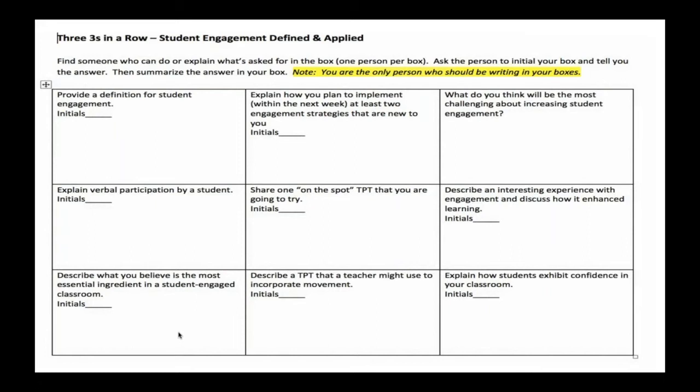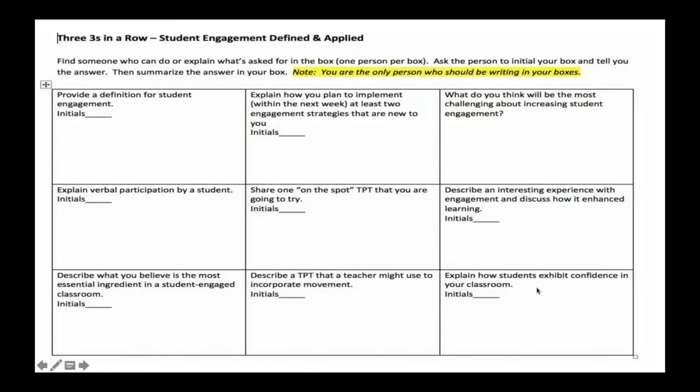So when I come up to you and I ask you to provide a definition for student engagement, I'm going to write your initials on the line, and then I'm going to write your definition in the box. That means I have to listen to you with the intent of understanding, and understanding enough that I can write those words down on my paper. I may have to inquire, I may have to ask you questions, I may have to ask you for more details, but I am the only one writing in the boxes.